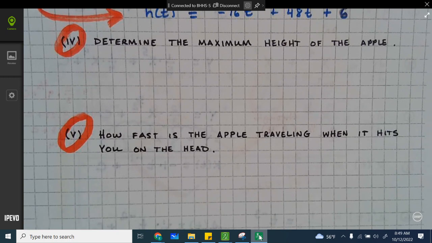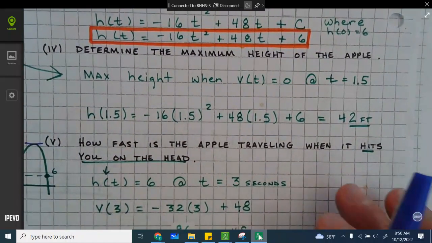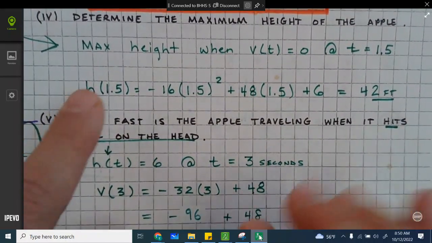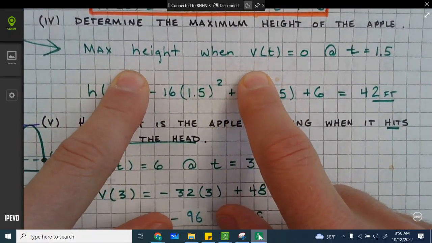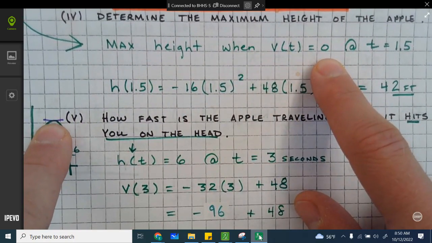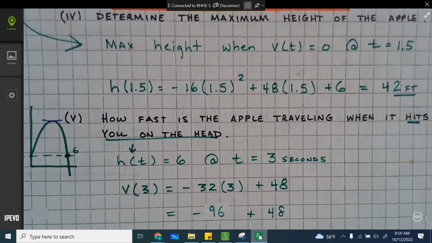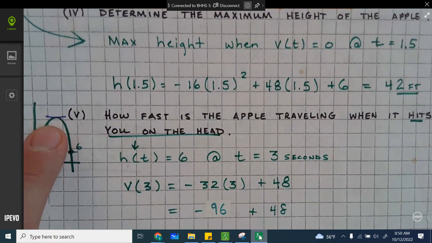Yes. I'm actually going to put the answers up on the board and talk about it just a little bit. I need to find the smartest person. It's obviously me. Okay. Hey, ladies and gentlemen, if you want to check your work, for number 4, did you figure out that the maximum height occurs at this instant right here, where the velocity is 0?